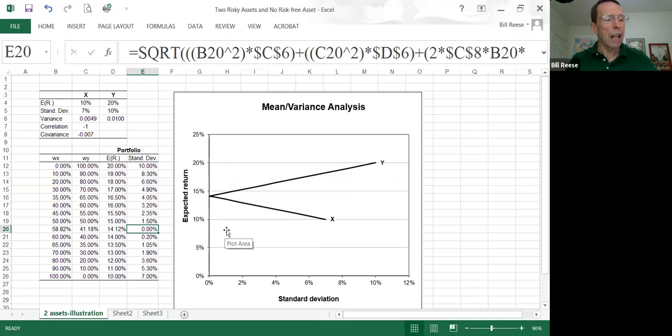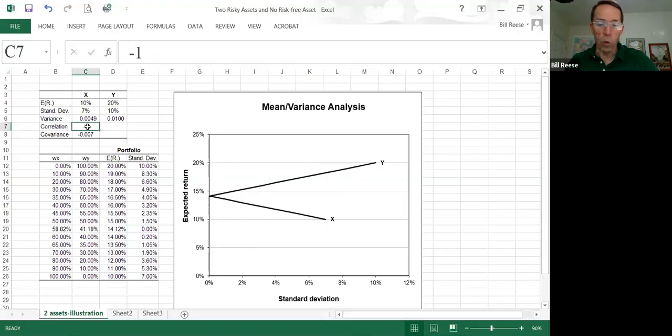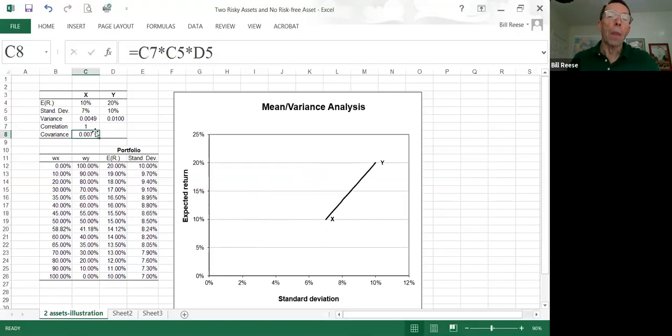Now, if you follow through on the notes, and the notes are titled Optimal Risky Portfolios, you will get to see some of the math behind this. Specifically, why do we have 2 straight lines here? And when the correlation is 1, we have 1 straight line. You know, some of you who are a little bit more math oriented might find that interesting. I'm not holding you responsible for the math on that, but I think you might indeed find that interesting.